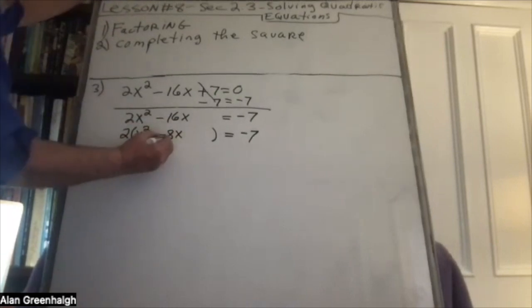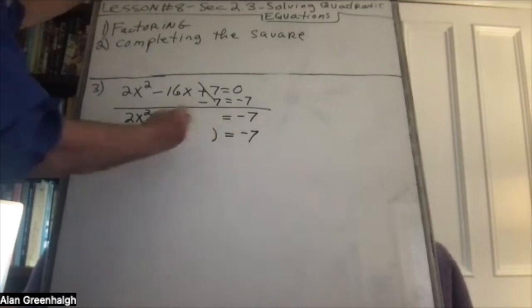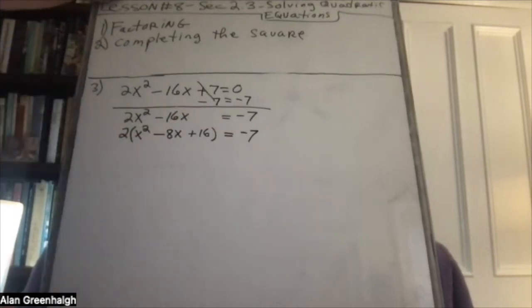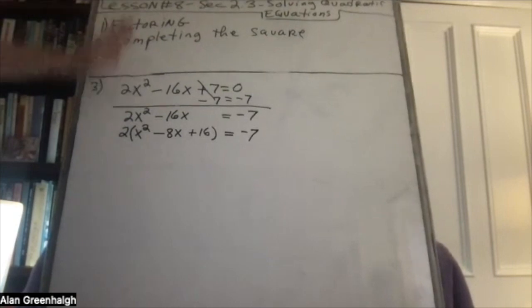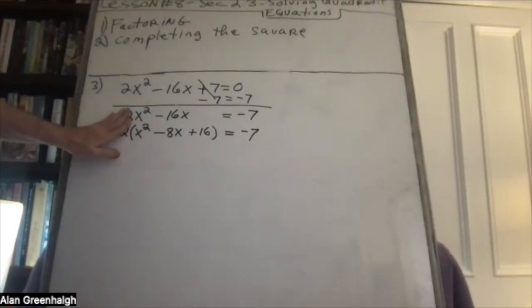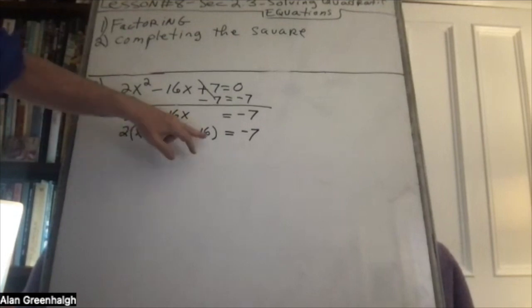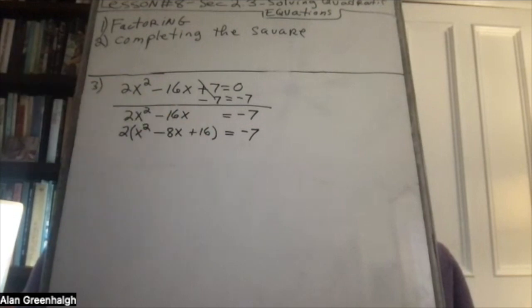So we take half of negative 8, which is negative 4, square it, and get positive 16. So, forgetting about this 2 even, we took half of negative 8, get negative 4, square it, and get positive 16.